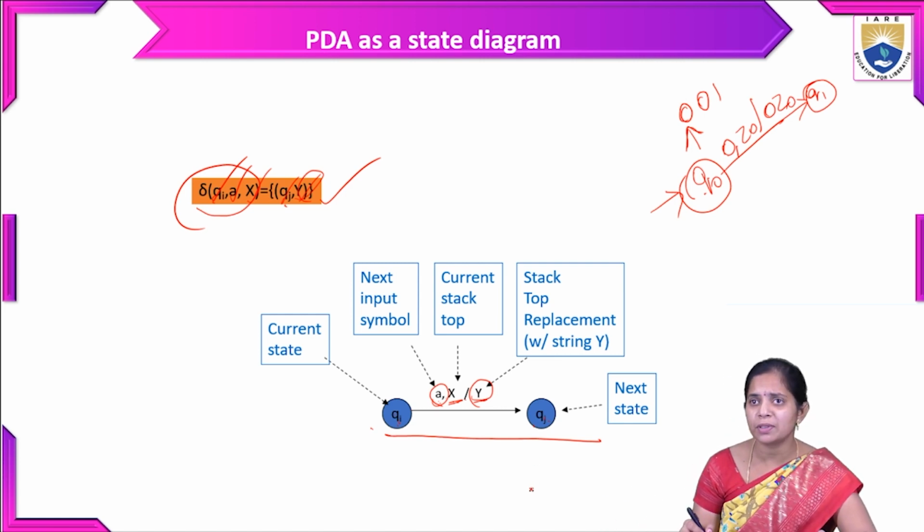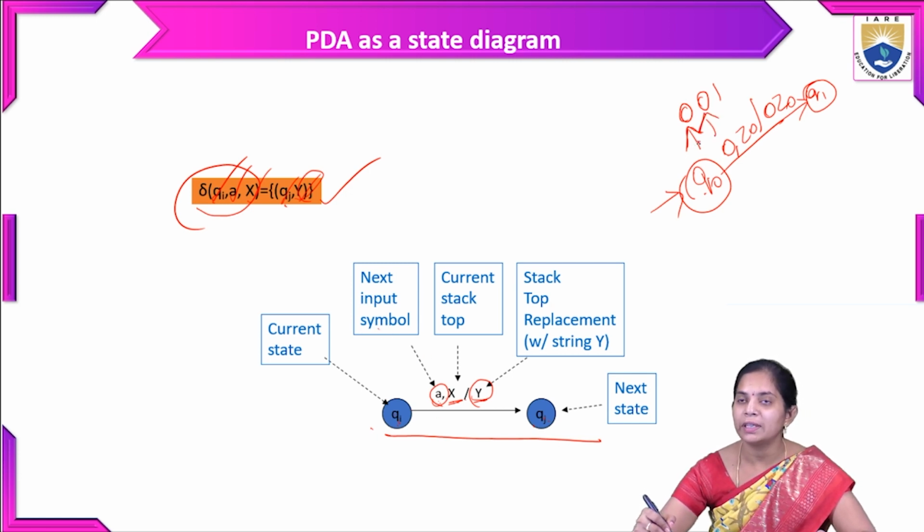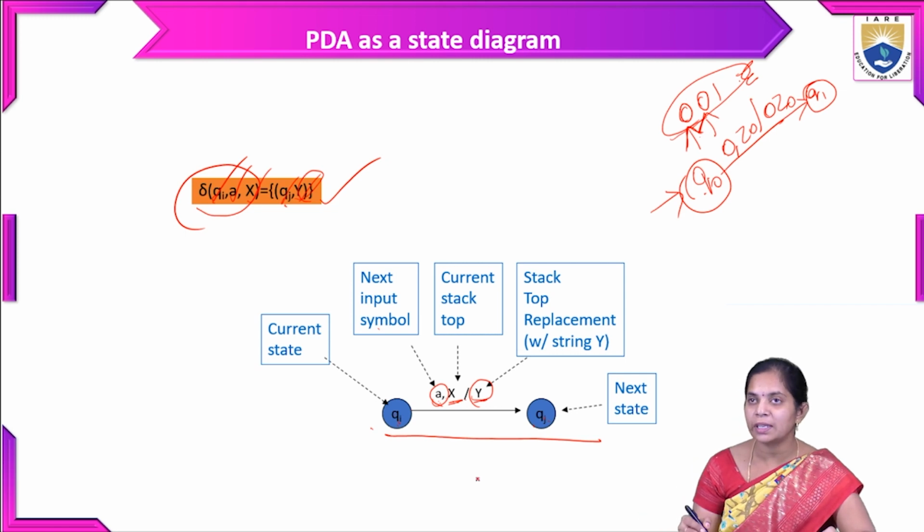And so this is the representation, and here the input next symbol is like this. After consuming all the input symbols, it reaches empty. In that case, how to react in the stack symbol we will discuss.